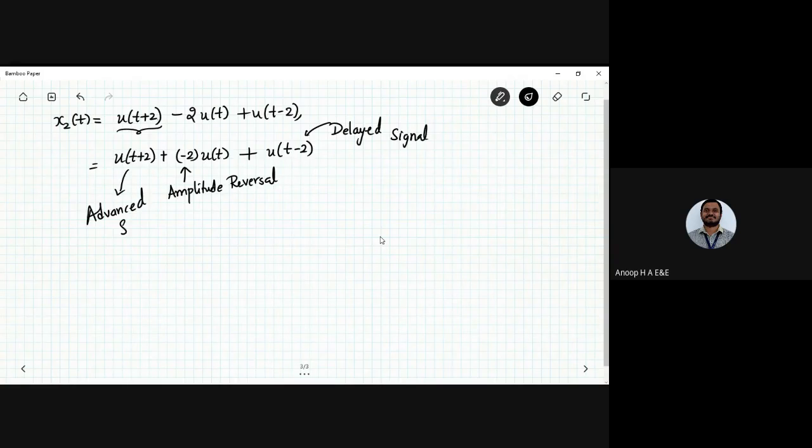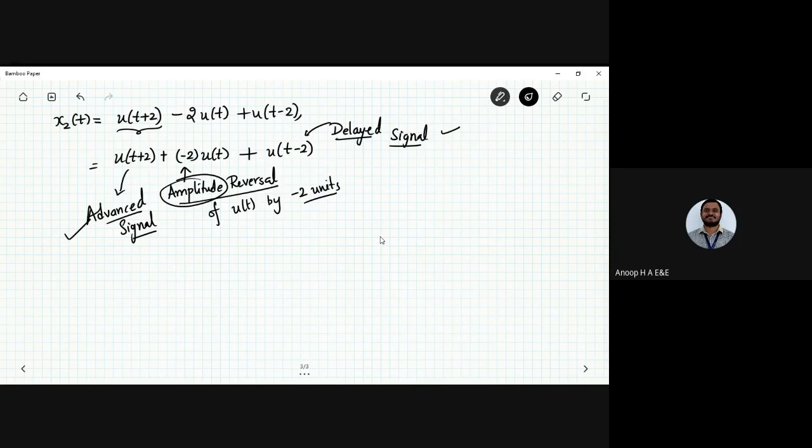So I have a delayed signal here and an advanced signal. If you observe, I'll be having the amplitude reversal of u of t by minus 2 units. It is entirely the amplitude which I'm going to bring into the picture now.